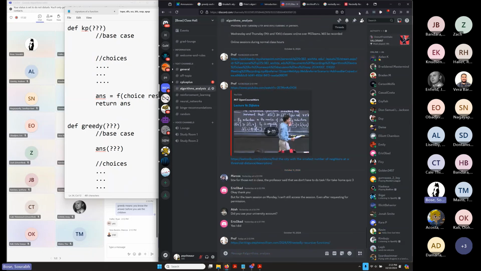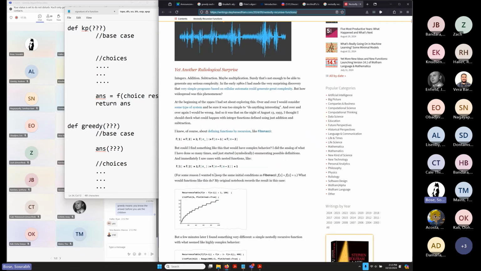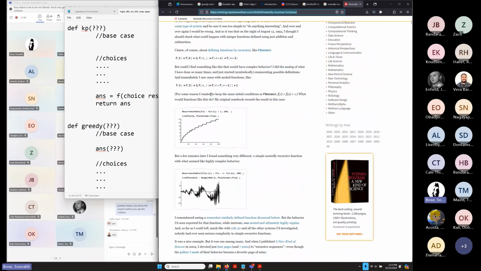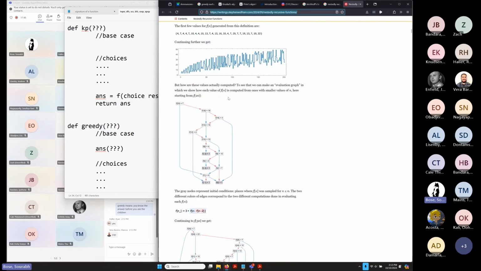Okay. So this is Wolfram Alpha, and the guy behind Wolfram, Stephen Wolfram, loves to make graphs out of recursive functions. So here are recursive functions. These are nestedly recursive functions, which is just recursion. Don't worry about it. Read through it if you have time.